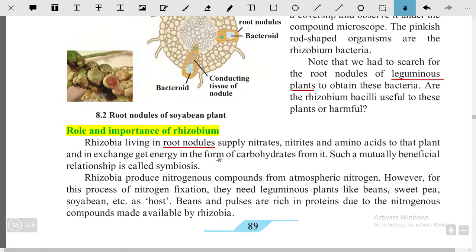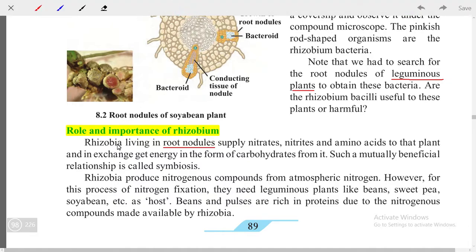And supply, not only living in the root nodules of leguminous plants. Then what does it do? It supplies nitrates, nitrites and amino acids to the plant. What does rhizobium supply? Nitrates, nitrites and amino acids to the plant.